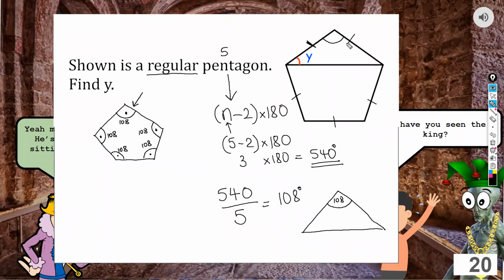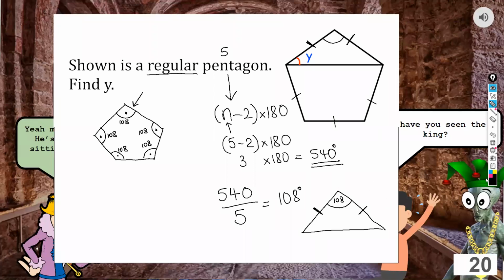This length and this length are the same. What kind of triangle is that, that has two sides with the same length? It starts with the letter I. Right, it's an isosceles triangle for sure.